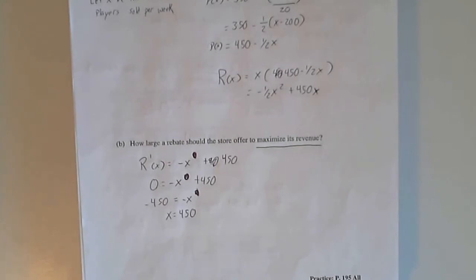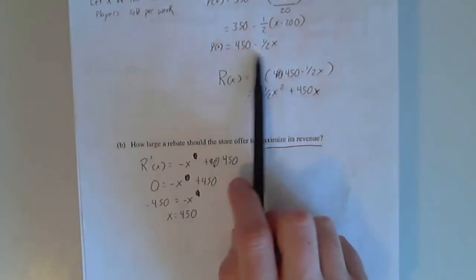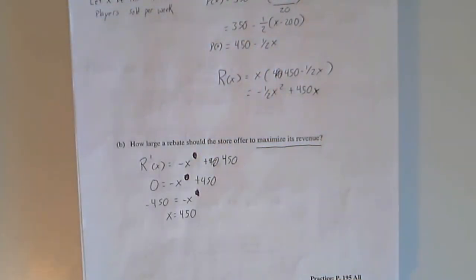So the maximum revenue could be when the number of units sold is 450, or it could be at any of the extremes. So there is kind of a domain in this one. It could be when you sell no units at all, or when you sell the units for $0, so when P of x becomes 0, that'll be the restriction on the other side.